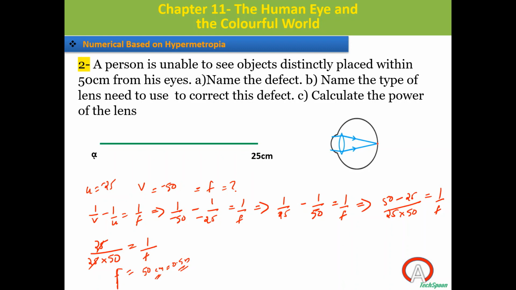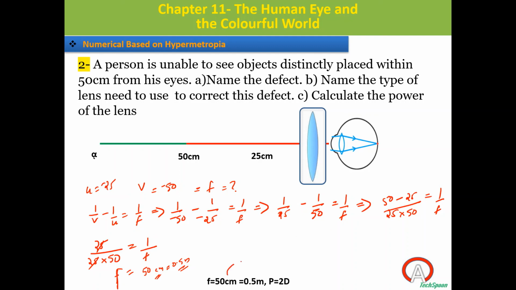So the power is 1 by 0.5, that means 2 diopter, right? Why are we converting this 50 centimeter to meter, Aaron or Matthew? Why are we converting this 50 centimeter to 0.5 meter? Matthew?